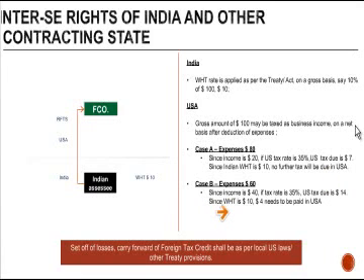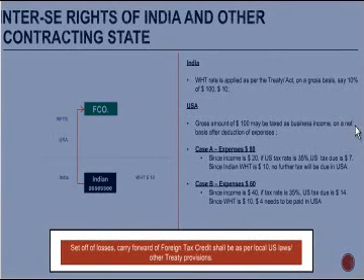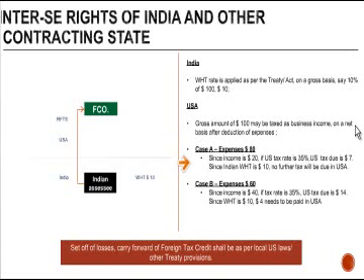Against this, you will get a credit of 10, and the balance $4 will need to be paid in US. In addition to this, like I said, the set-off and carry forward of foreign tax credit shall be as per the local US laws and other treaty provisions. This is basically in the context of case A, where the total tax withheld in India was 10, the tax due in US was 7, so there was 3 of taxes which was paid in India, which was more, and against which no credit was claimed.